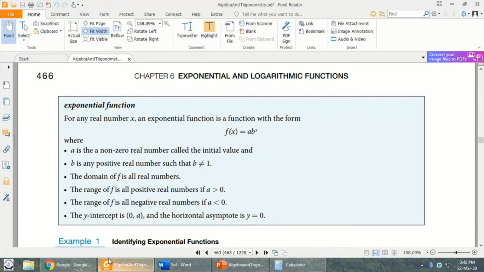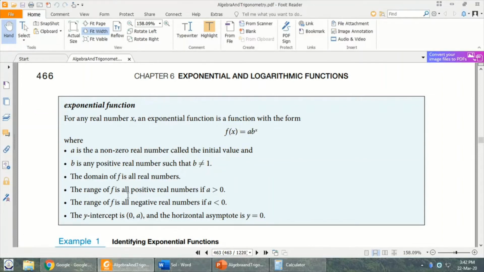So if A is, let's say, this non-zero number that we have already discussed before, A is known as the initial value. B again cannot be equal to 1, like explained before. And X, so domain and range.